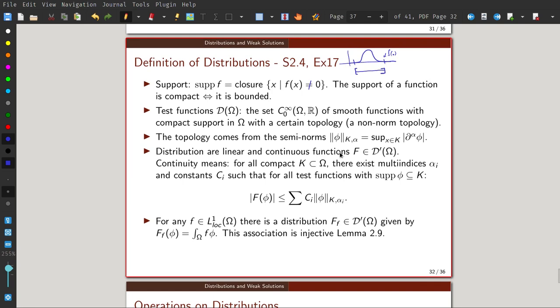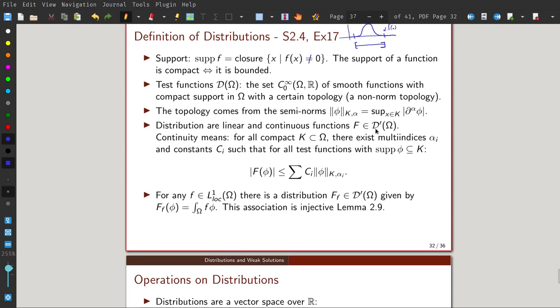And what we really want is to define distributions. So a distribution is a linear and continuous function from the test functions to the real numbers. In other words, it's a dual element to the test functions. And because of this continuity, the topology of the set is somewhat important, but we can just give you a direct definition, or an equivalent characterization, of what continuity means for distributions.